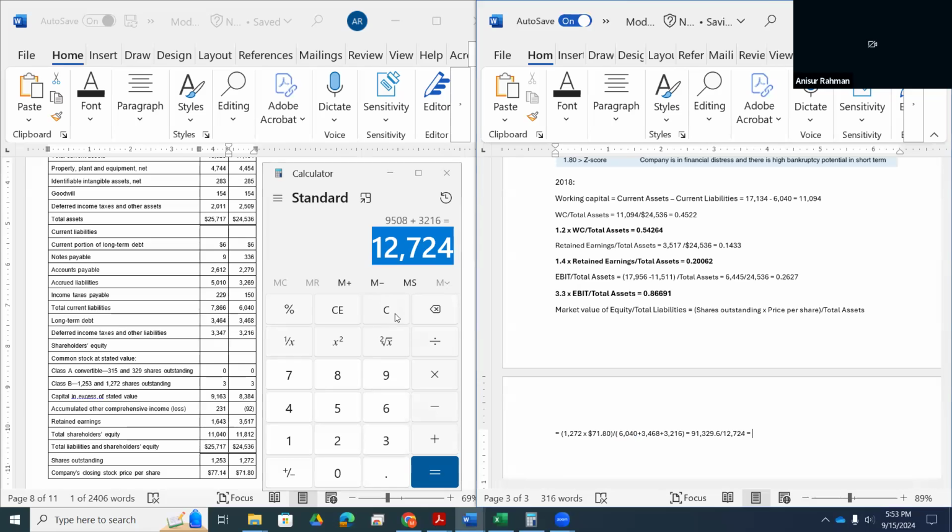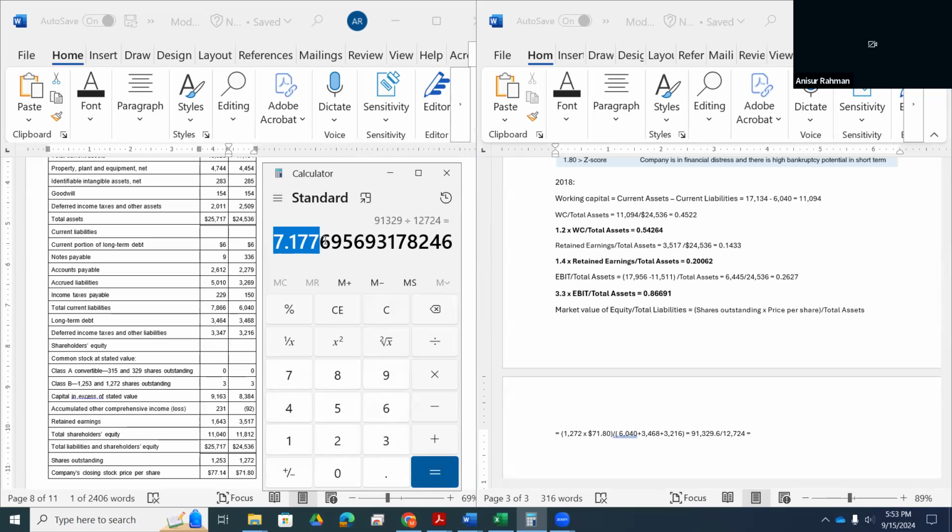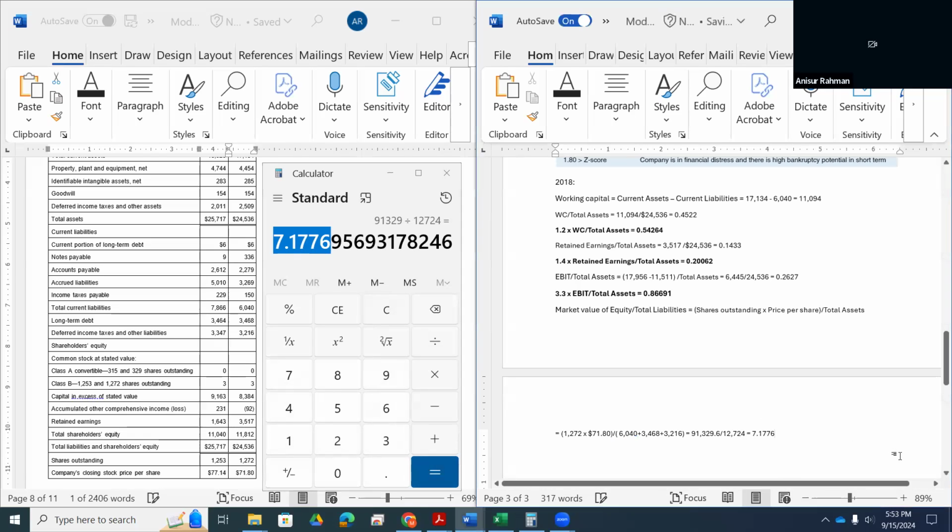So now I'll do the division. Four decimal places.